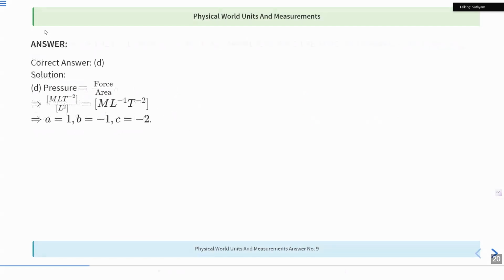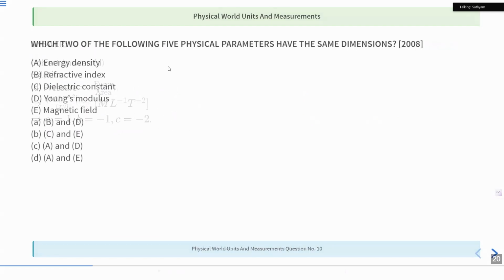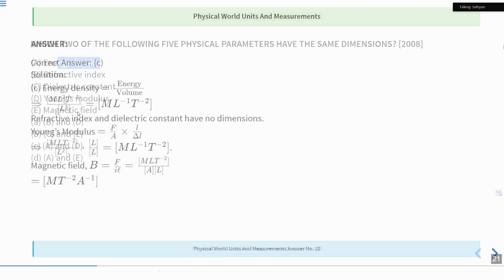Next question: which of the following 5 physical parameters have the same dimension? Again, a very repetitive question. You see Young's modulus, magnetic field, dielectric constant, refractive index, energy density, whatever the term is given in the entire physics, that's what they can ask. Now you have to individually derive it. You have energy density, which is energy by volume.